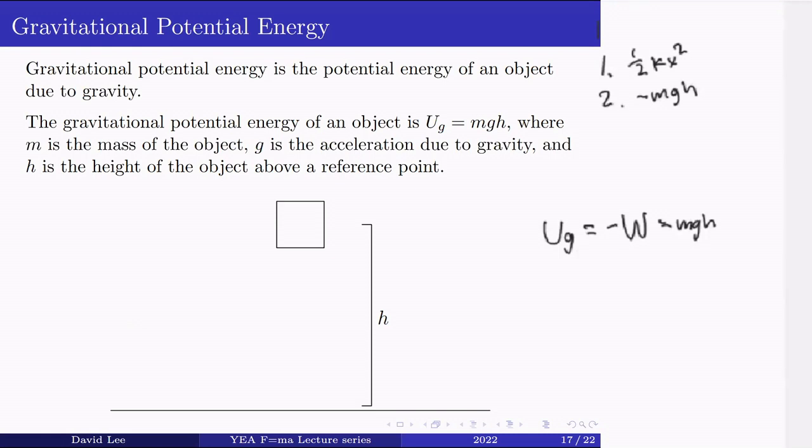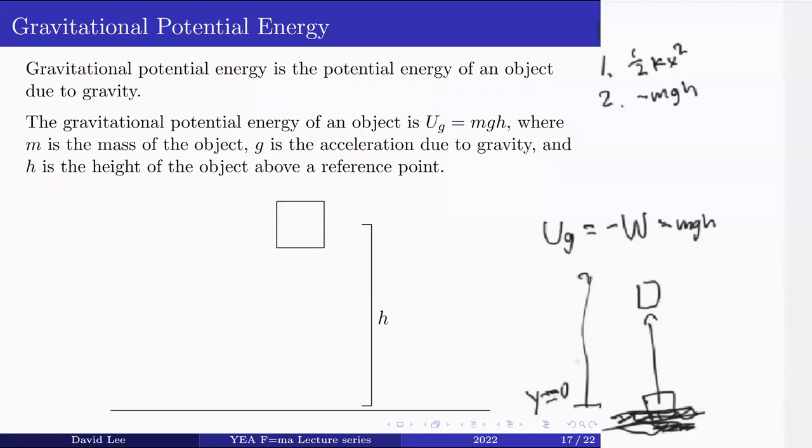So if we choose the ground as a reference point, that's very convenient because this will be 0 and it increases as we go up. But we can easily choose another. To make this example easier, let's define some sort of coordinate system. So let's call this y equals 0, and that's our current reference point. And let's say this box is at y equals 4.